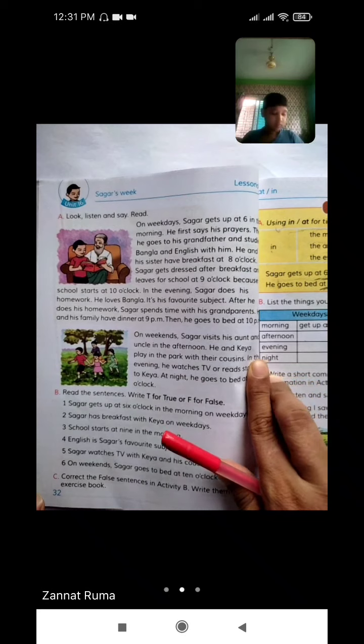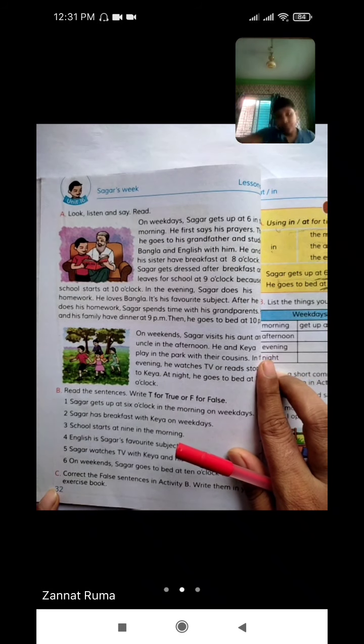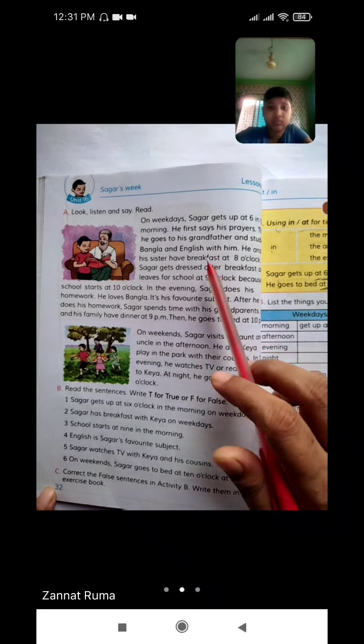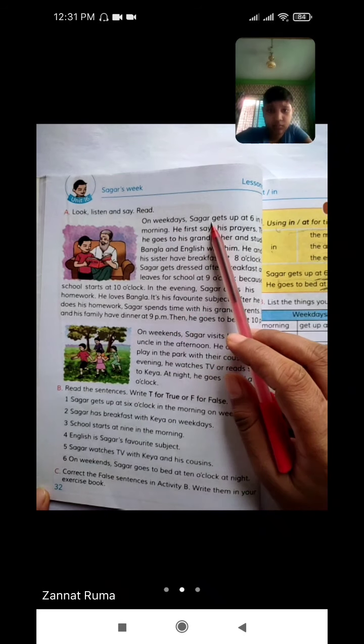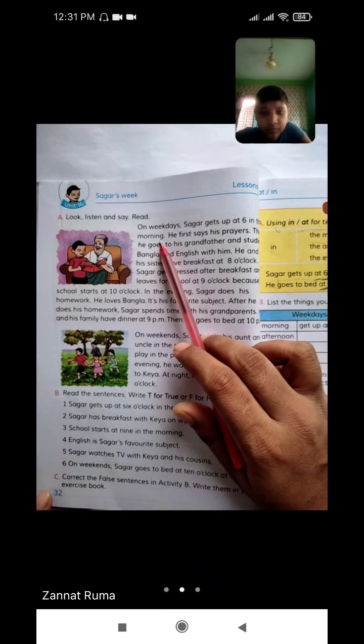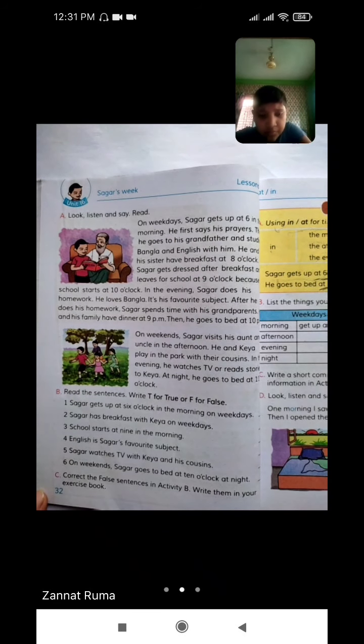Okay, I am going to read it. Everyone, look at your book and concentrate, please. One weekday, Shagor gets up at 6 in the morning. Weekdays means from Saturday to Thursday.